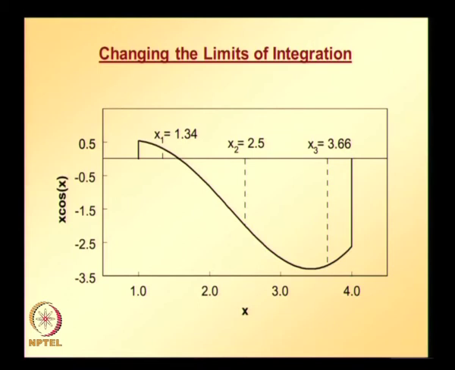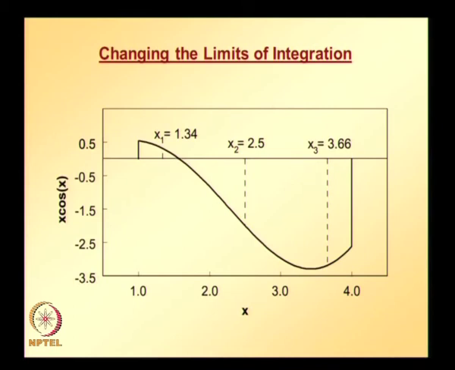So, we need to evaluate the function at these points x1, x2, x3. The integration point located at t = -root(3/5) corresponds to x1 = 1.34, the integration point located at t = 0 corresponds to x2 = 2.5, and the integration point located at root(3/5) corresponds to x3 = 3.66.